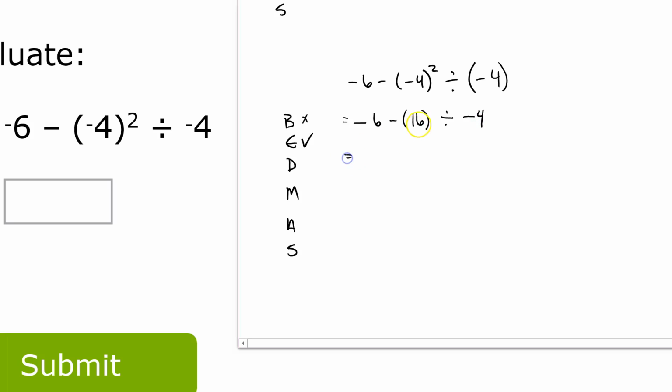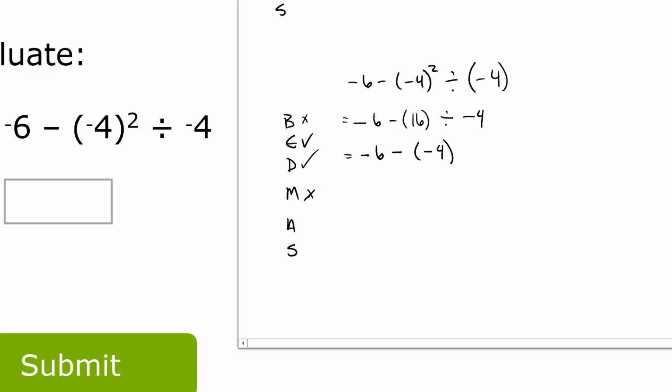So I'm going to say 16. I could either say negative 16 divided by negative 4, or I could say 16 divided by negative 4. Doesn't matter which one, but I'm going to do 16 divided by negative 4 because the next step is division. So negative 6 minus 16 divided by negative 4 is going to be negative 4.